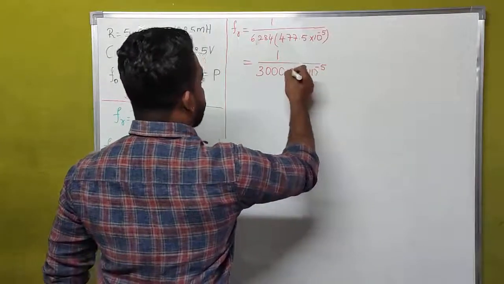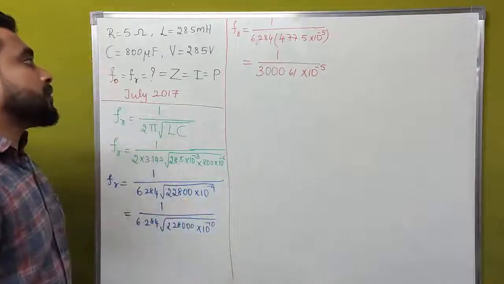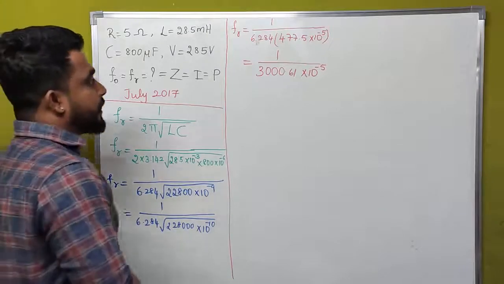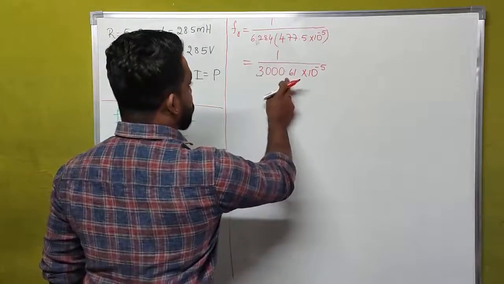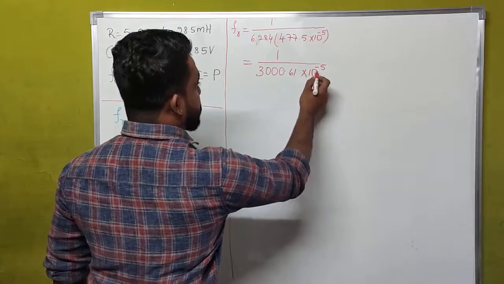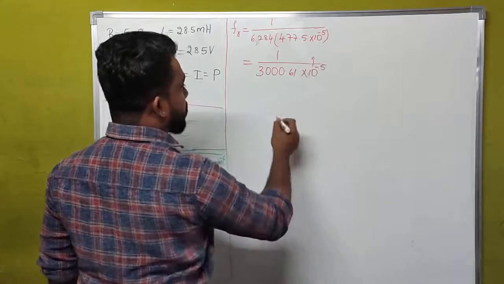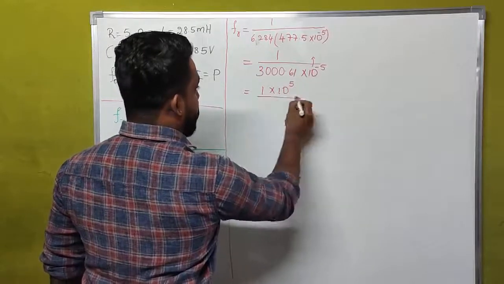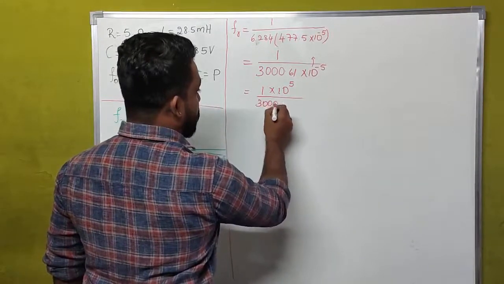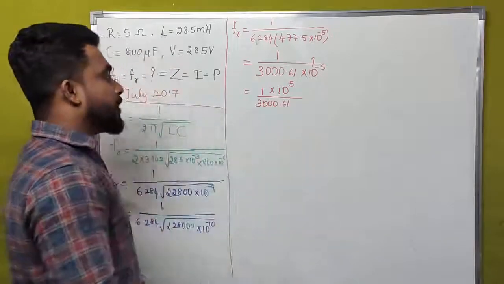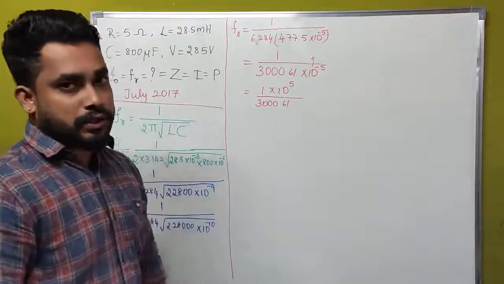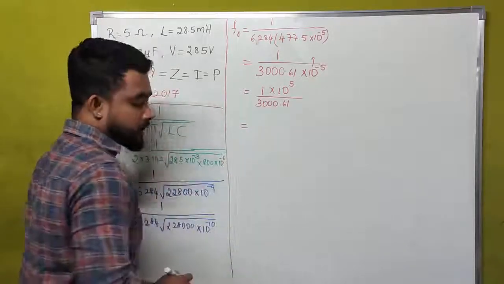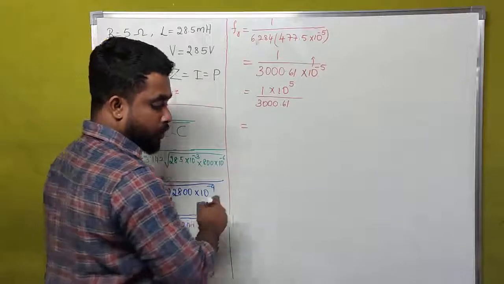This is the value of 6.284 into 477.5. And again, if we divide 1 by 3000.61, sending this 10 to the power of minus 5 to the numerator, what will it become? 1 into 10 to the power of plus 5 divided by 3000.61, or you may write that as approximately 3000.5. 1 divided by 3000 is equal to 0.0003326.